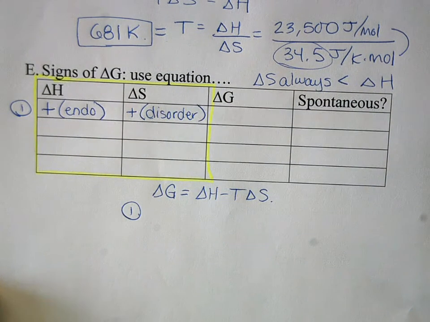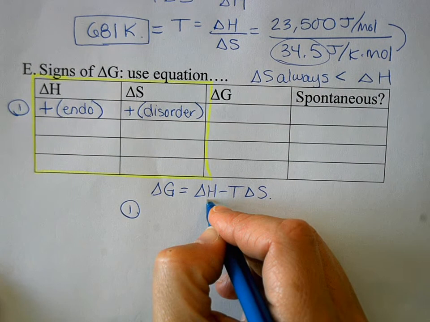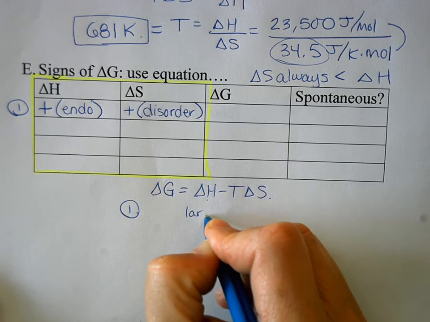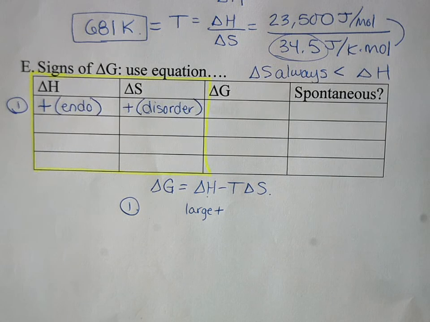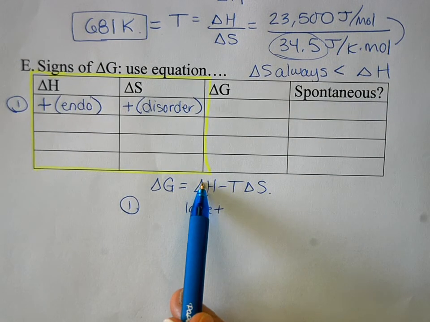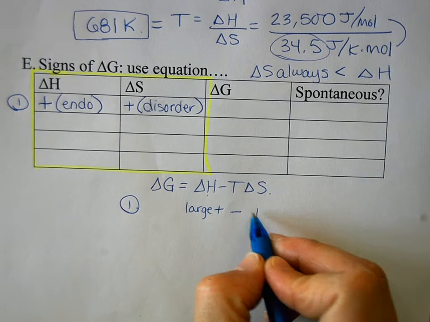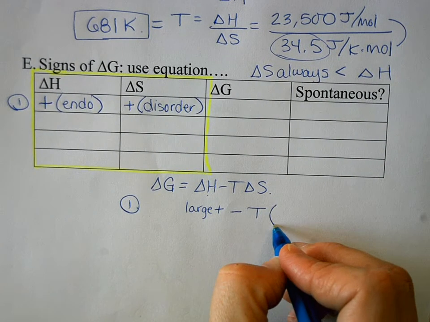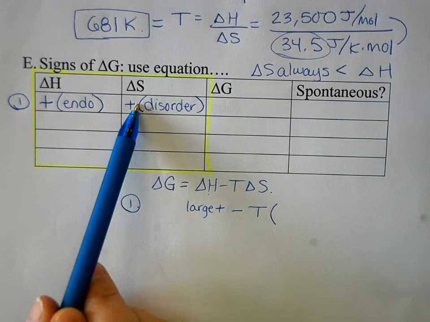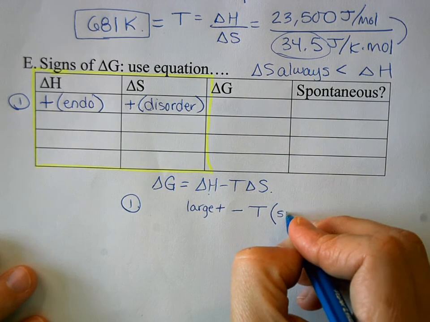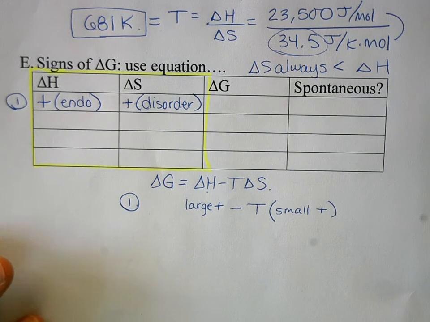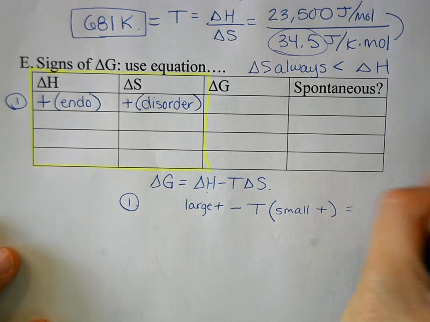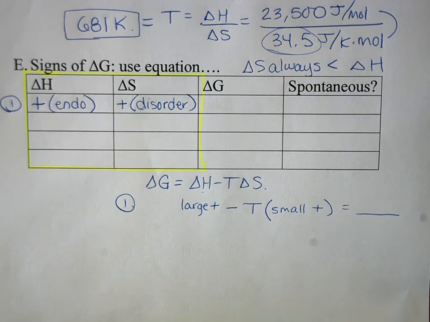If I have a positive number for delta H, and remember that delta H values are large compared to delta S values, so if I'm going to plug in a large positive number here and subtract T, I don't know what T is, but it'll be multiplied by my delta S, which is a small positive number, is that going to give me a positive or a negative answer?